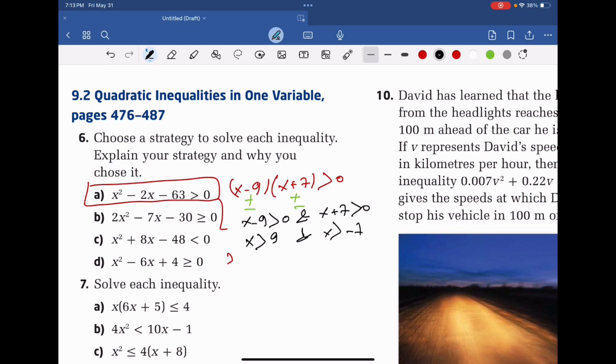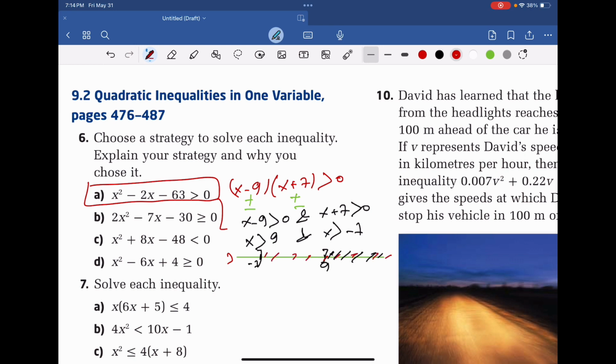If you put this on a line, it will show like this. x is strictly greater than 9, not included, and x is greater than minus 7, not included.